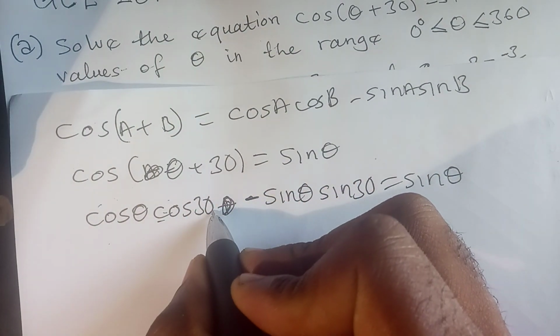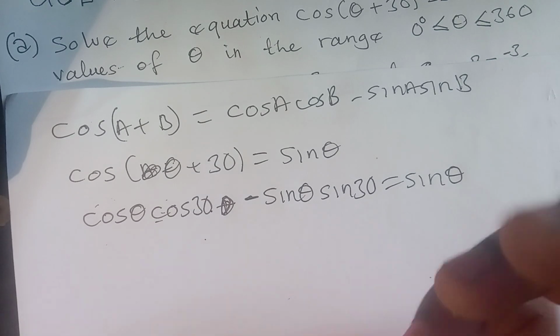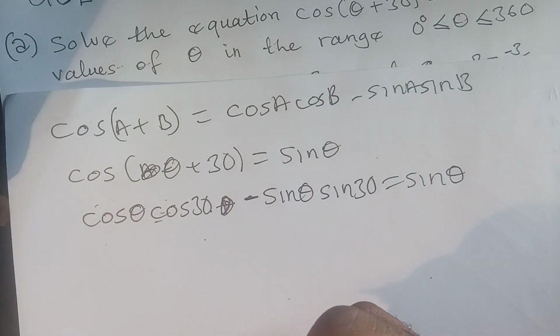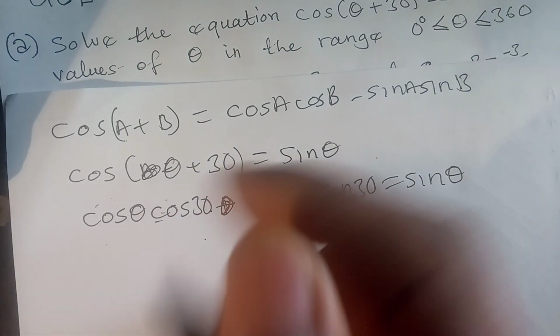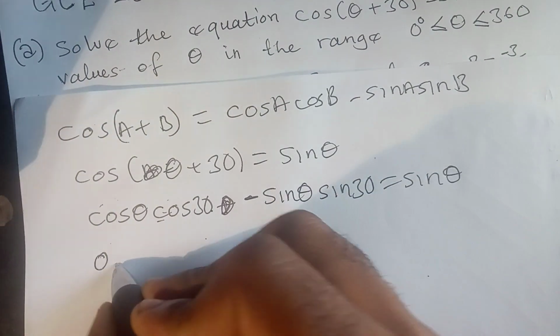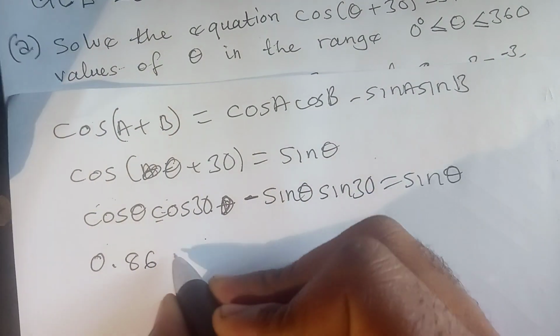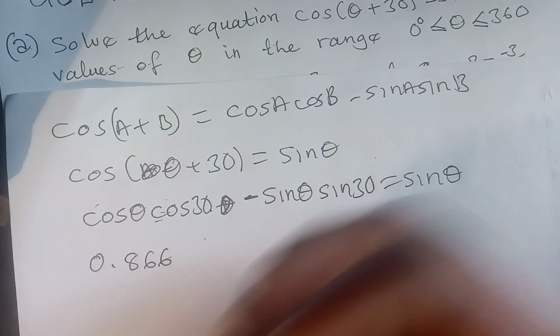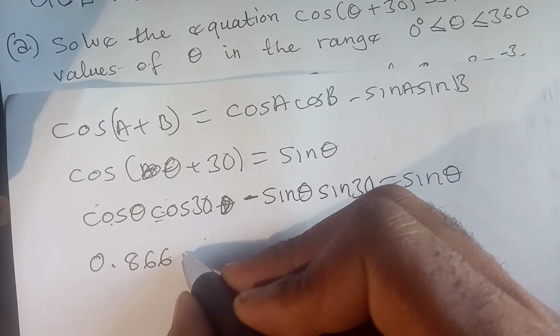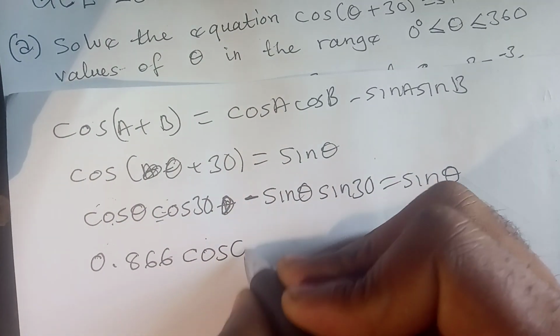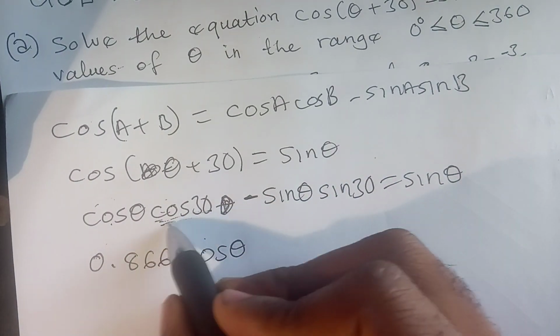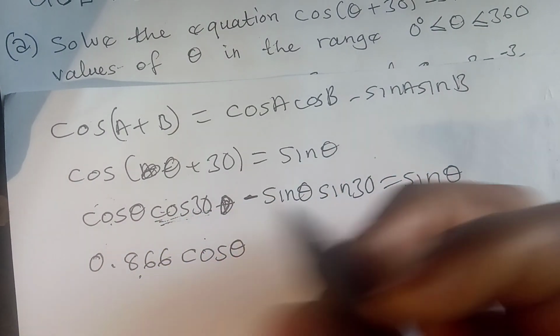So cos 30, this is well known. It's actually the square root of 3 over 2, which is approximately 0.8660 and some numbers. And then cos theta. It's better to write this as a coefficient.